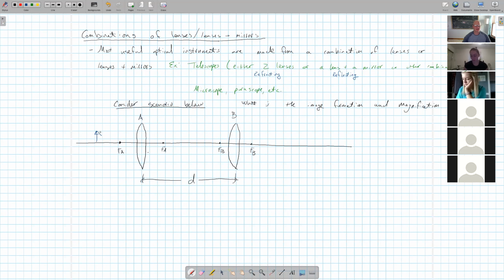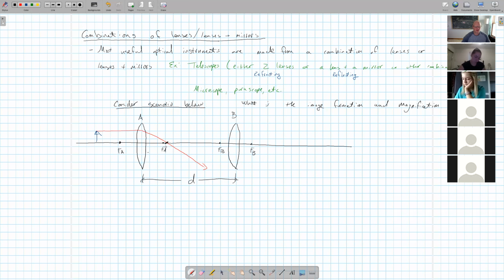What I mean is we're going to draw our usual two rays. I'm going to start with ray number 1, which goes parallel to the principal axis, hits the center of the first lens, and then gets refracted through the focal point. I kind of missed that focal point, but that's okay, close enough, I'll move it. There we go.